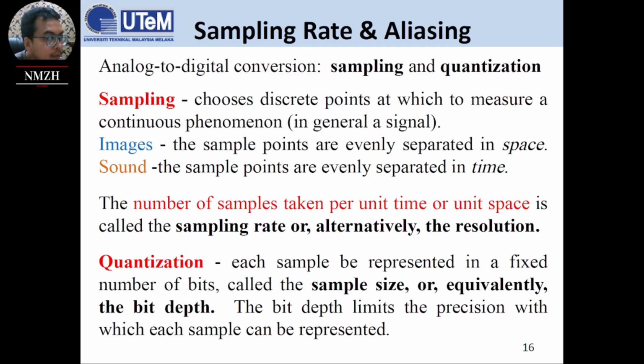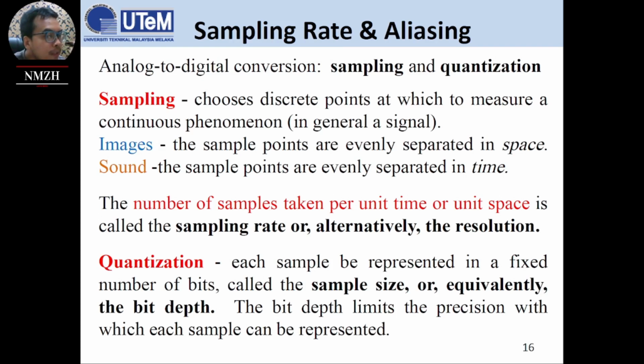Imagine that in the image we have vertical and horizontal, right? That horizontal and vertical is separated by spaces, meaning pixel by pixel, whereas sound is separated by time. Remember, sound is a one-dimensional value, meaning x is time, y is amplitude, right?